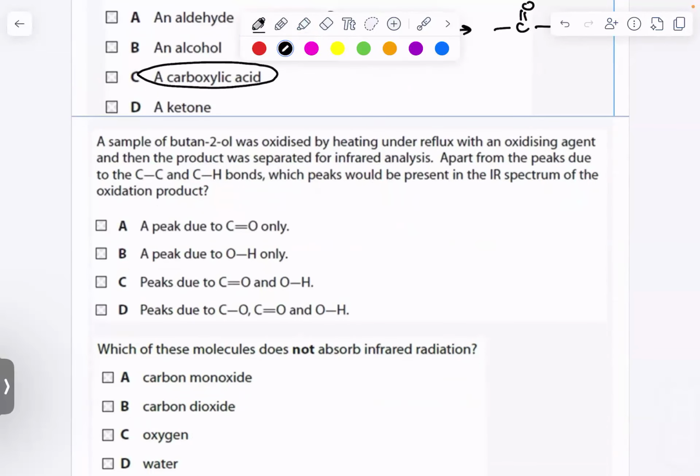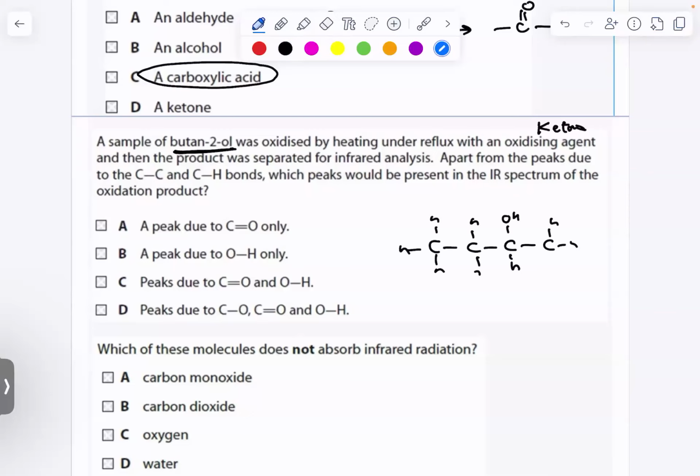Next, this one. A sample of butanol was oxidized by heating under reflux with an oxidizing agent. If you are going to oxidize an alcohol, butanol, what are you going to get? Have a look. Ketone? Right, because it's a secondary alcohol. From a secondary alcohol, we are going to get a ketone.